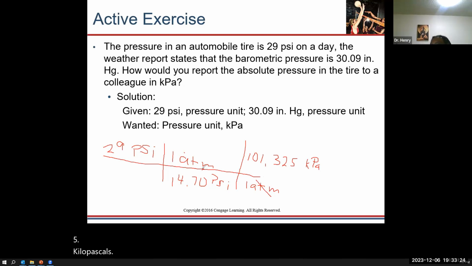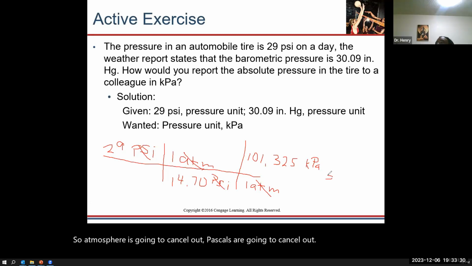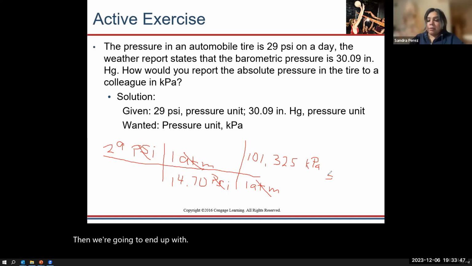So atmospheres are going to cancel out, and we're going to end up with 199.892857.